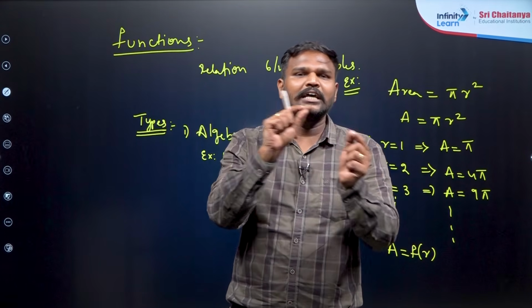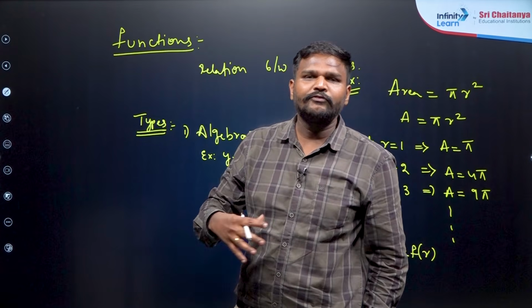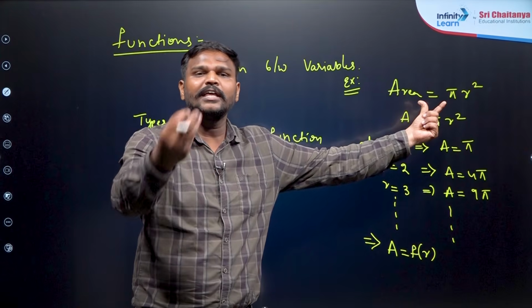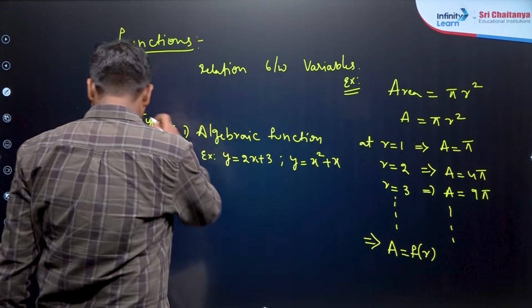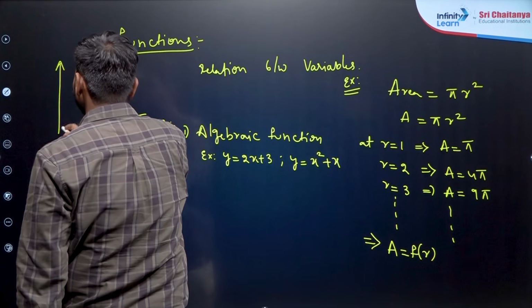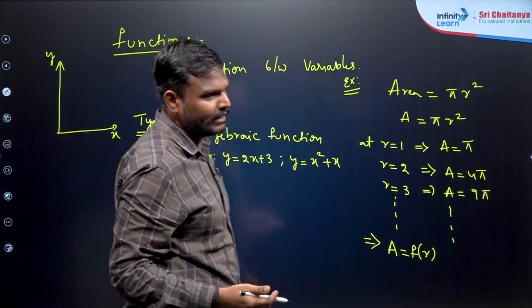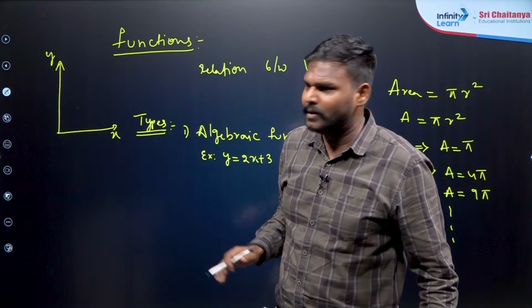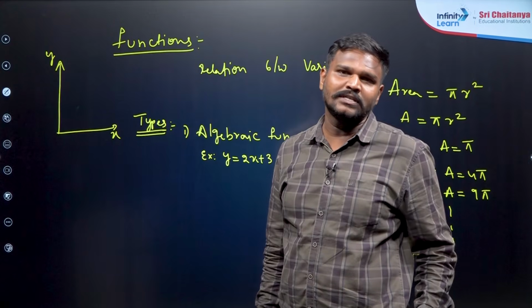Now that whole journey, if I want to write on one paper, I can plot a graph, and for plotting a graph I require the function, how the variables are related, correct. I'll take on the y-axis a quantity and on the x-axis another quantity. Let us say on the y-axis I take the number of runs scored, and on the x-axis I take the number of overs in a match.